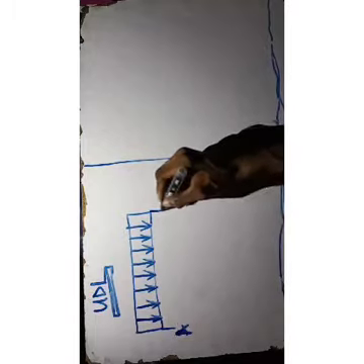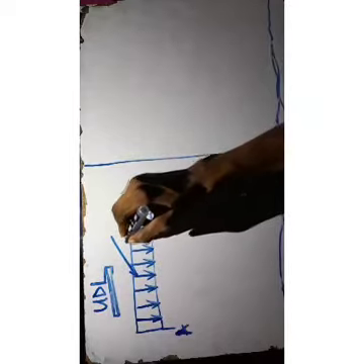So this is UDL. You can see at point A, at point B. So this is R, this is A, this is B. So you'll be given that this distance is in weight. It's always in kilo Newton per meter.